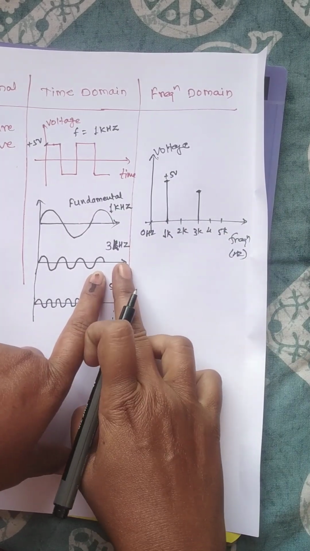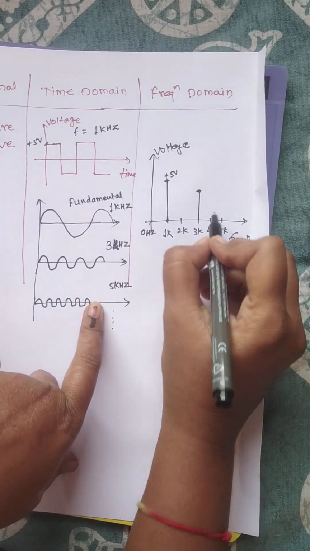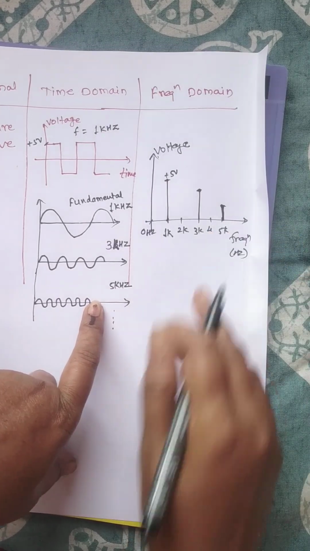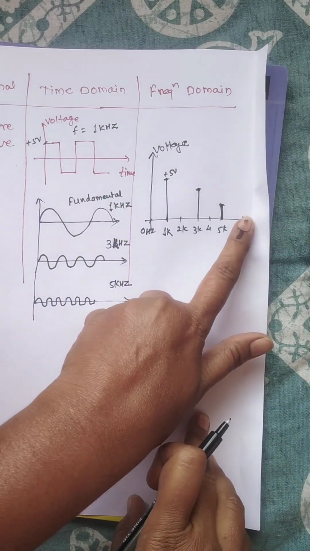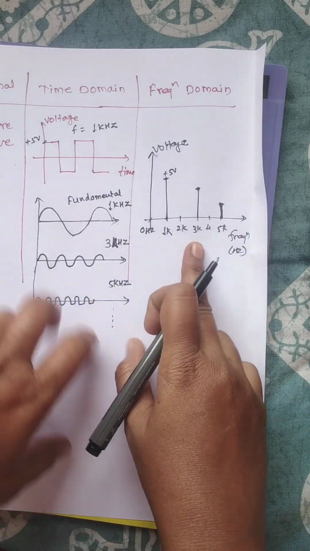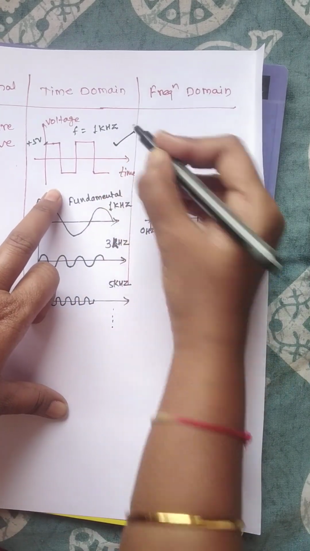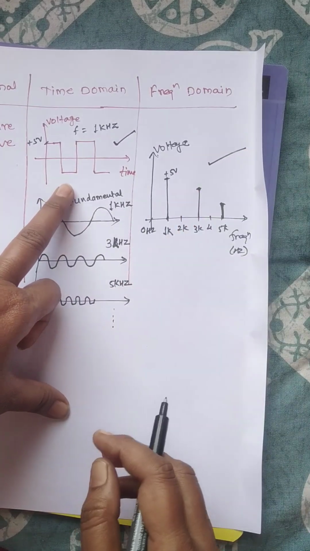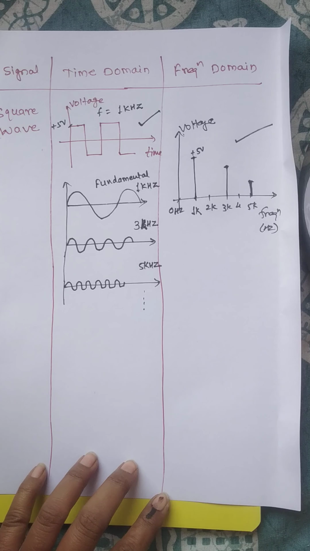Then 4K is absent, 5K is present, again its amplitude is reduced. Again 6K is absent, 7K is present, its amplitude is decreased. So this is your time domain representation of the square wave, and this is your frequency domain representation of the square wave.